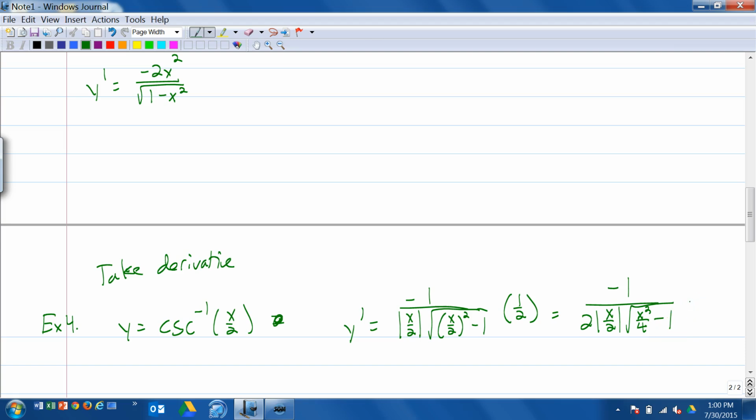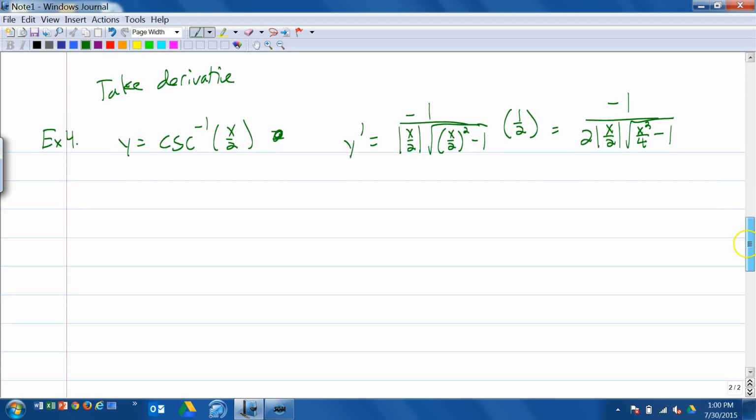And we can leave it like that. Yeah, we'll just leave it like that for this one. Sometimes the book takes out the fraction here out of the square root and goes from there, but we can just leave that one like that.